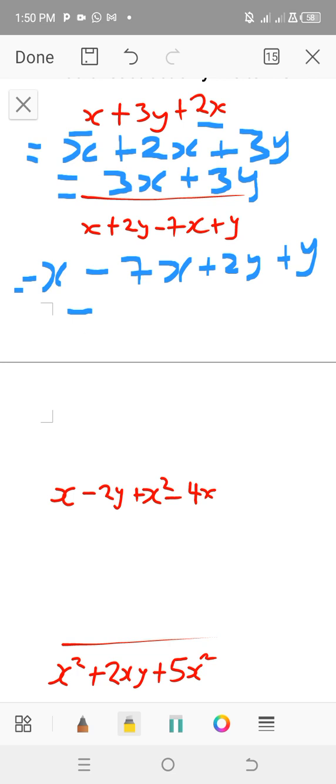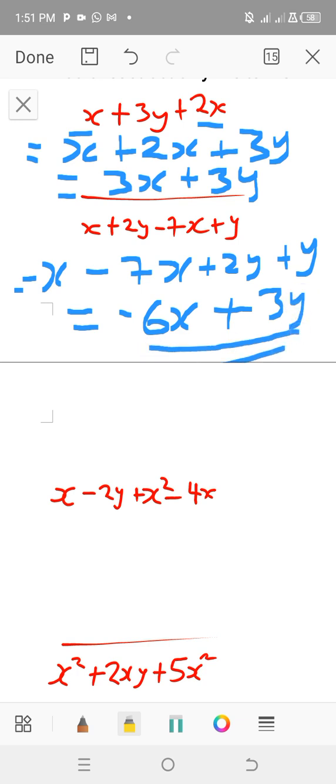This gives us x minus 7x is minus 6x. x is like 1x, so 1 minus 7 is minus 6, so that is minus 6x. Then 2y plus y is like 2 plus 1, that is 3, that is 3y. So that's the final answer to that.